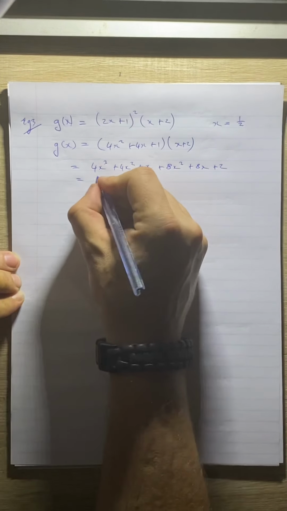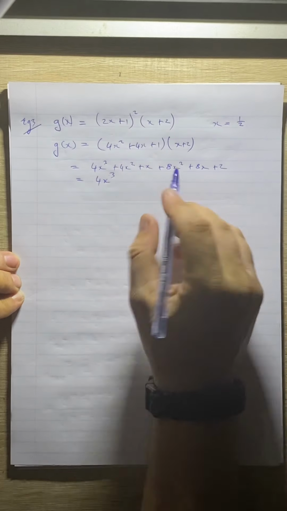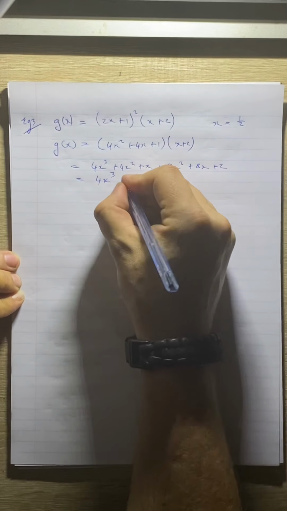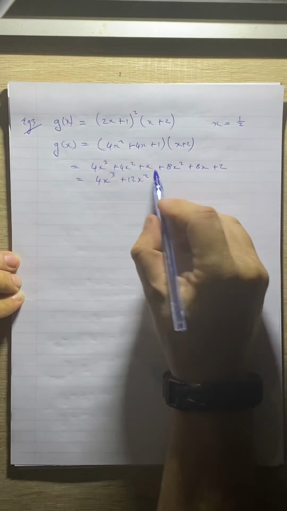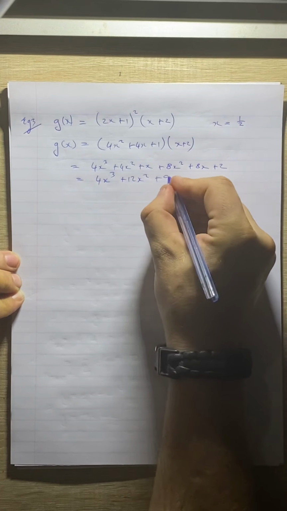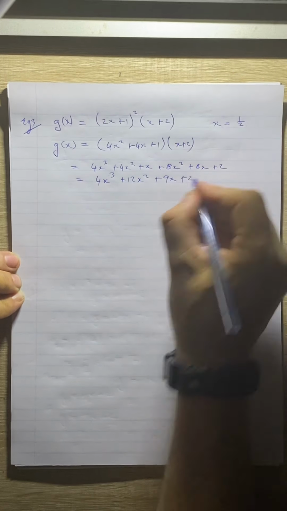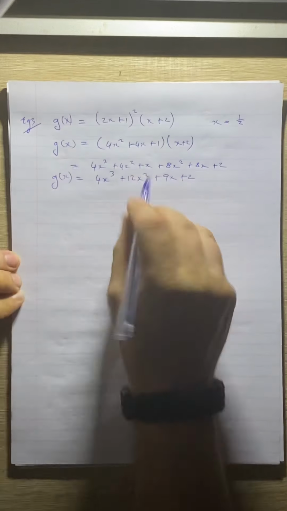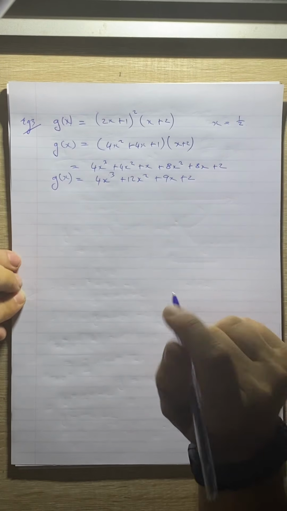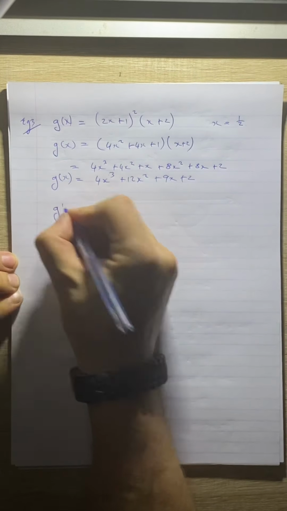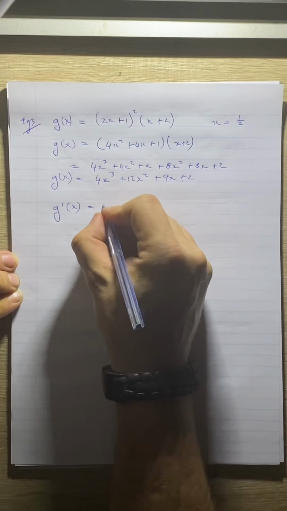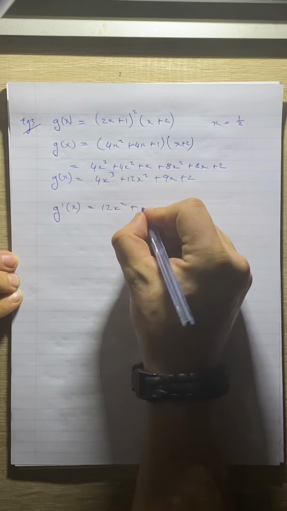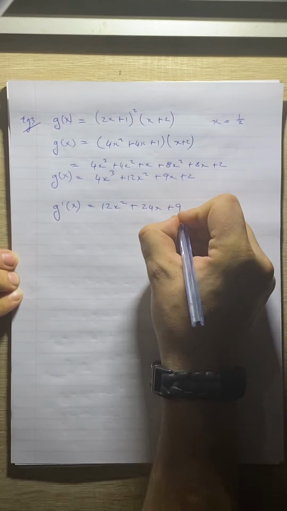Get like terms together, so we get 4x cubed plus 12x squared plus 9x plus 2. So now we've got our function in a polynomial form that we can differentiate. So g dashed x is equal to 12x squared plus 24x plus 9.